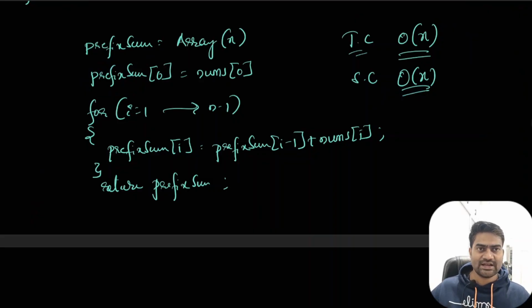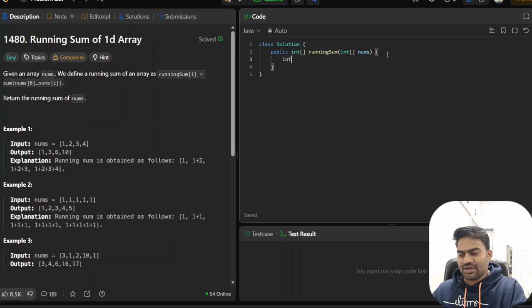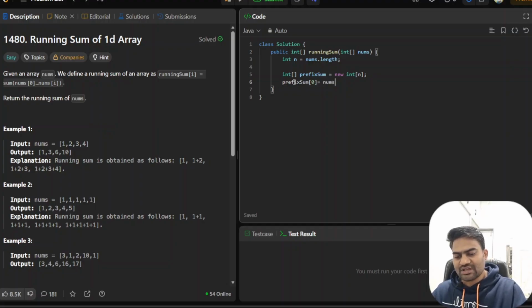So with that, let us execute this and see. Let us take a variable int n equal to nums dot length. Now we need an array, prefix sum, of size n, so let's declare that. After that, the first value in this prefix sum will be the same value as in our nums array.